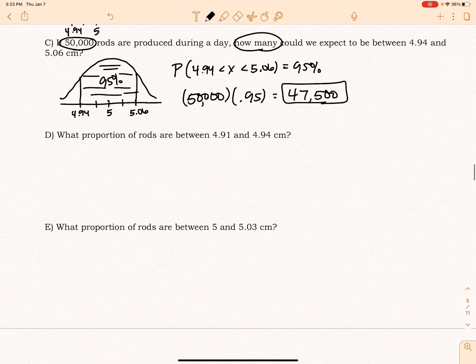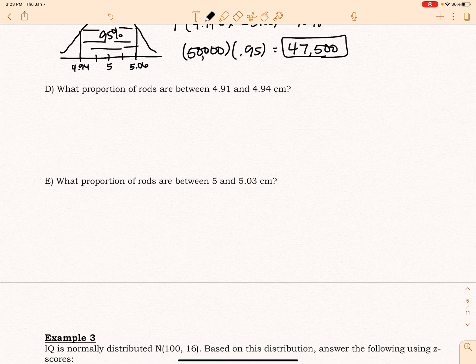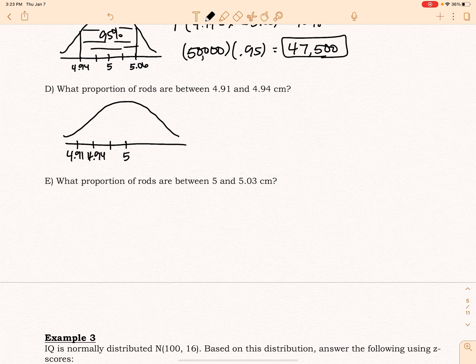All right. Part D, what proportion of rods are between 4.91, oh, out of control, and 4.94? So 4.97, 4.94, 4.91. Dang it, why do I keep doing that? Okay, so shading there, and the inequality.